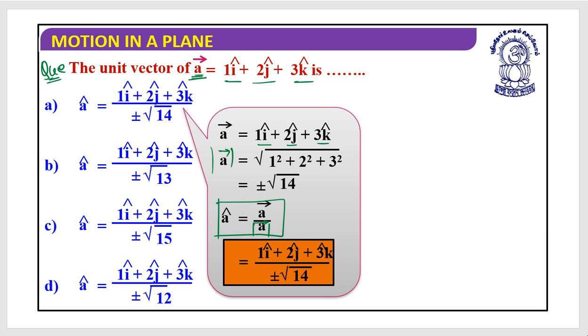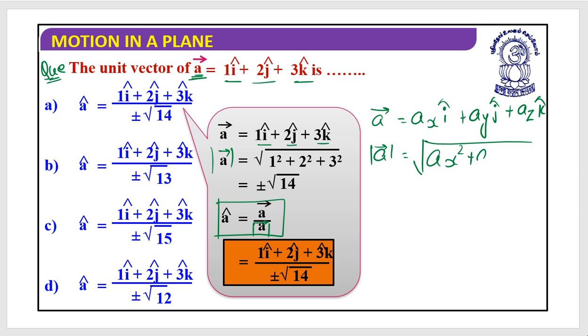As it is in three dimensions, vector a would be ax i plus ay j plus az k. Then mod of a would be equal to under root of ax square plus ay square plus az square. Here it's 1 square plus 2 square plus 3 square. So this will be root of 14.